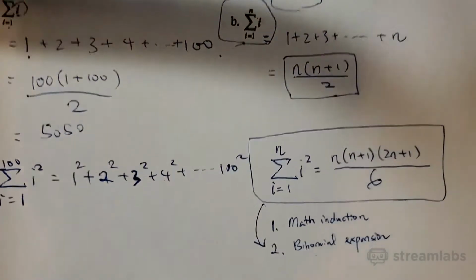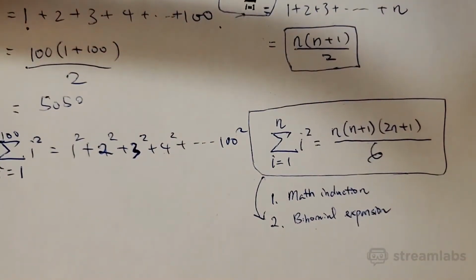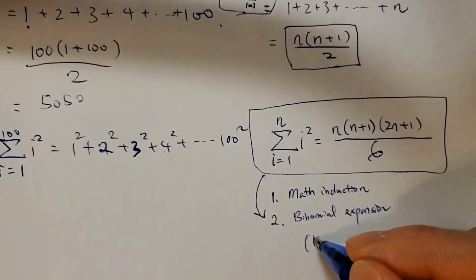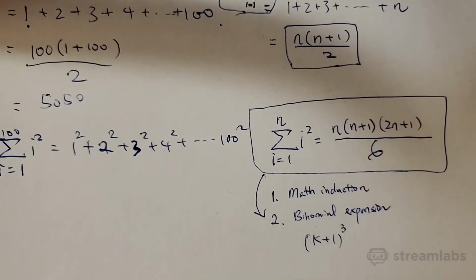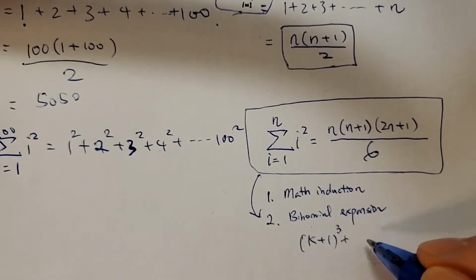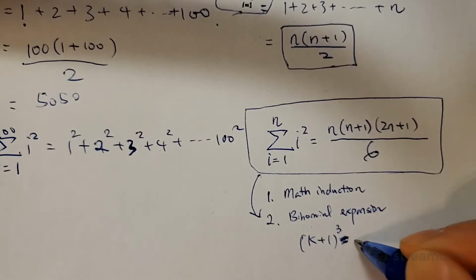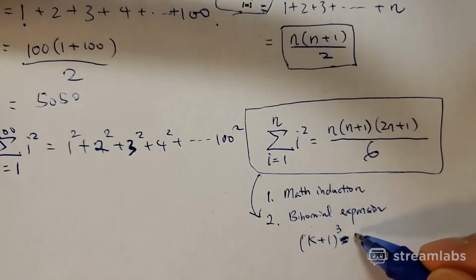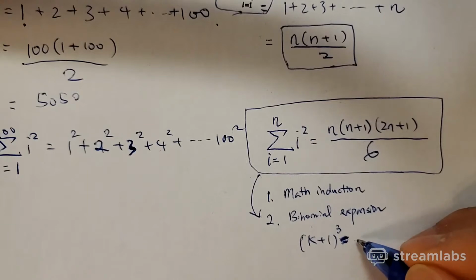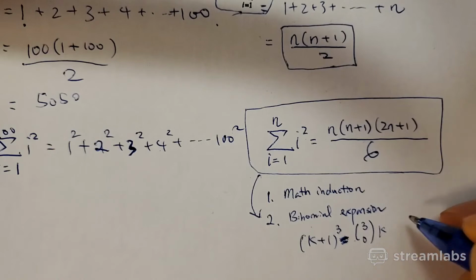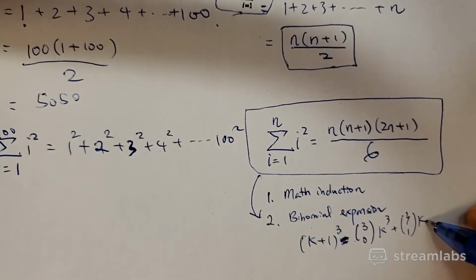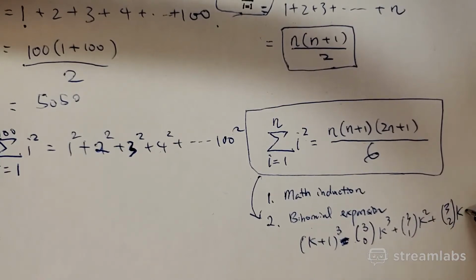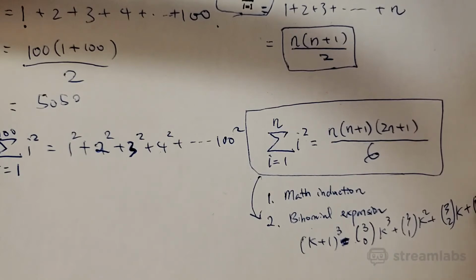Binomial expansion. What is binomial expansion? Binomial expansion is basically k plus 1 cubed, for example. How do I expand this? Equal to blah blah blah. Then we have the formula. I don't know if you remember this. 3 choose 0, k to the third power, plus 3 choose 1, k squared, plus 3 choose 2, k, plus 3 choose 3.